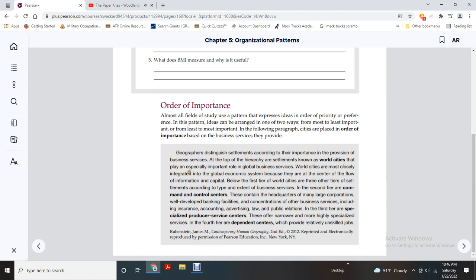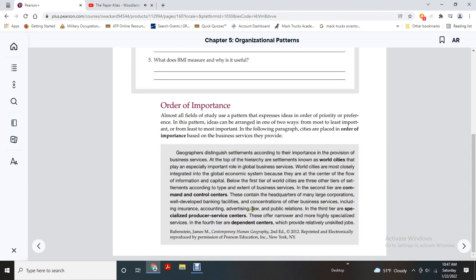World cities are most closely integrated with the global economic system because they are at the center of the flow of information and capital. The first tier of the hierarchy consists of world cities, and the settlements are ranked according to the type and extent of their business services. The second tier is the command and control centers, containing the headquarters of the main large corporations, developed with banking facilities and concentrations of business services, including insurance, accounting, advertising, law, and public relations.